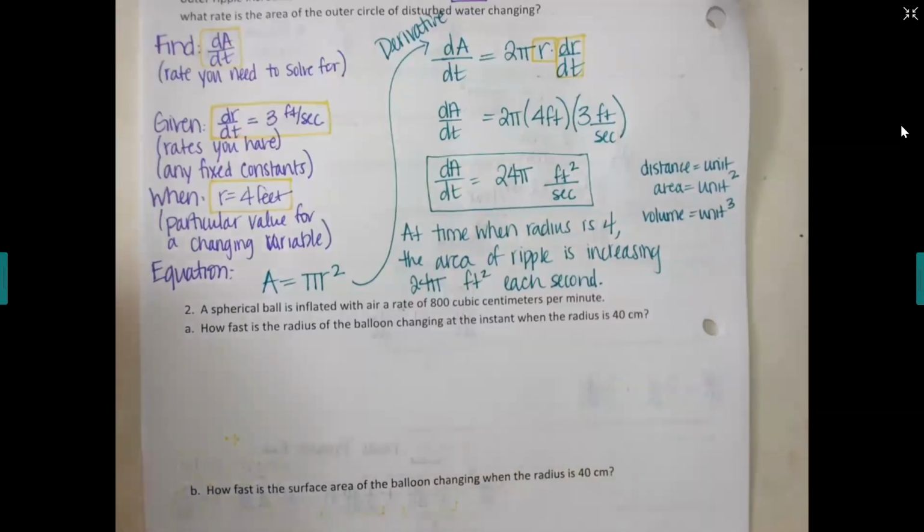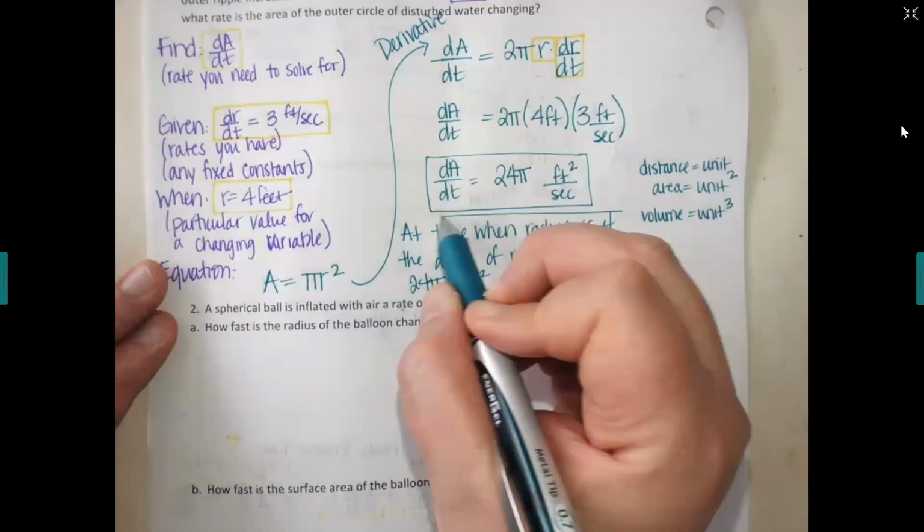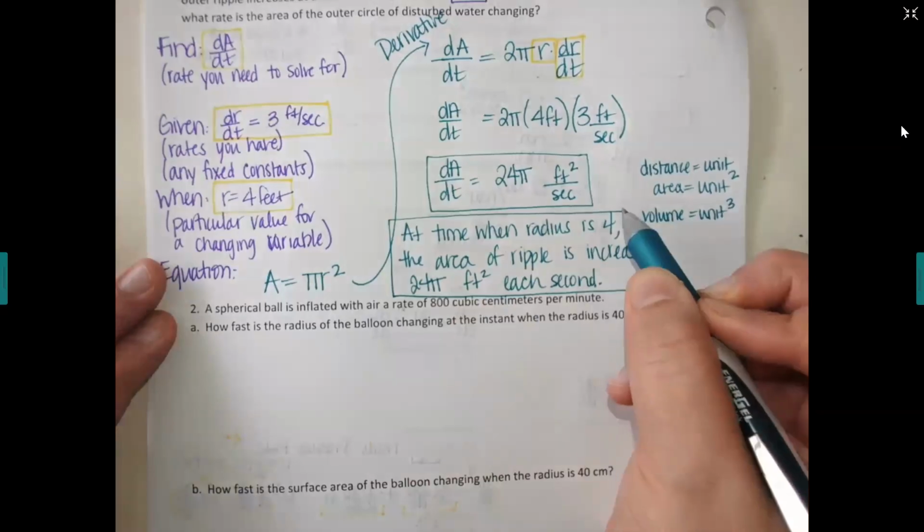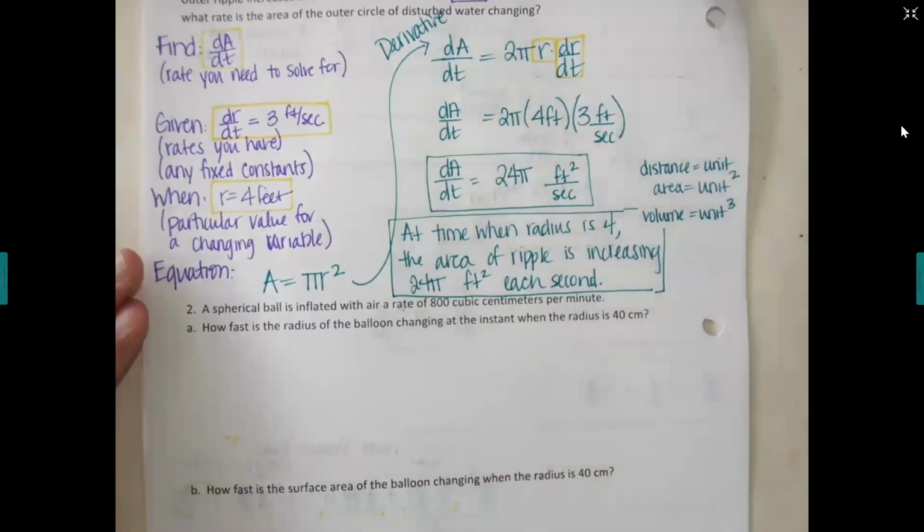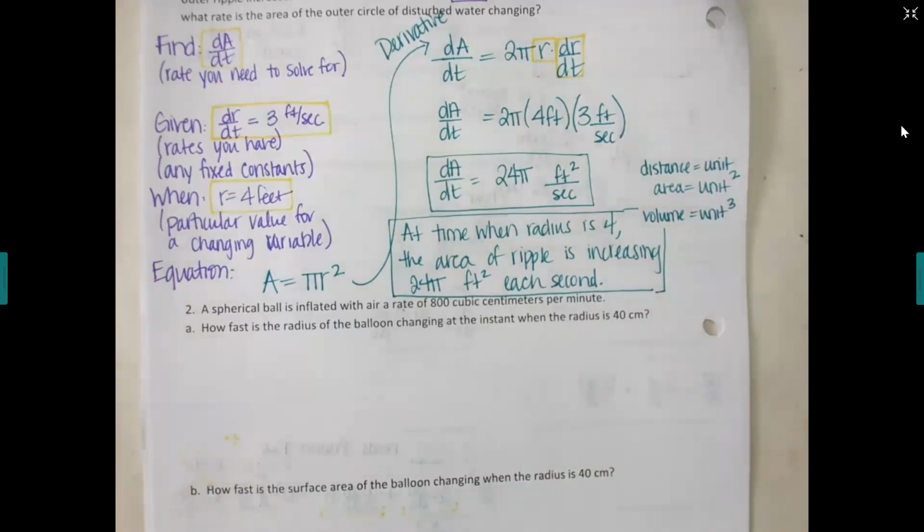So you're essentially finding how fast that quantity is changing. Also keep in mind that we know that the area is increasing because our answer came out to be positive.